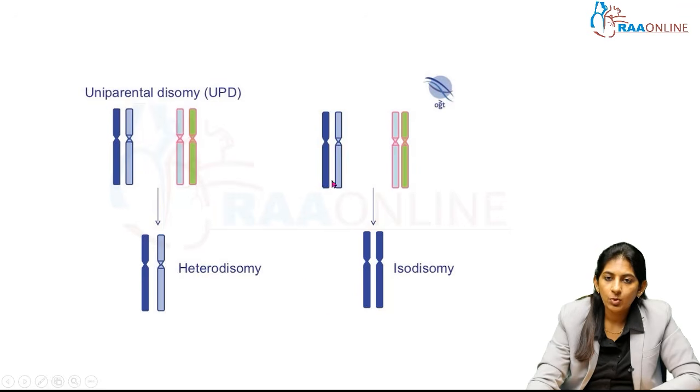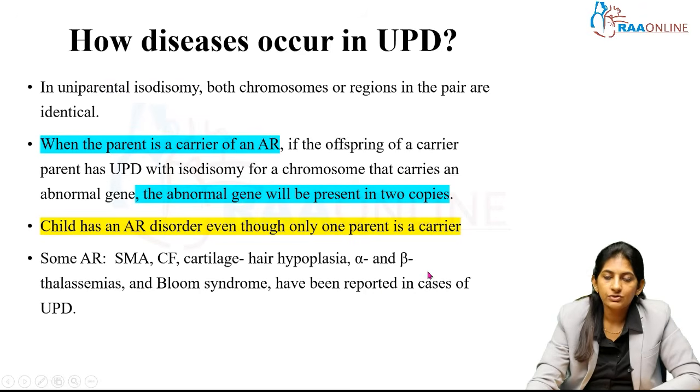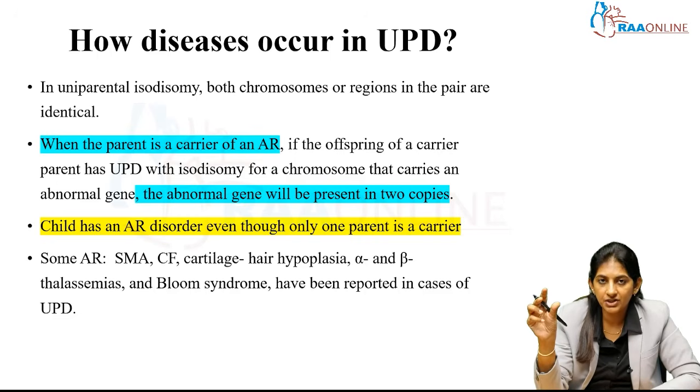Contrary to this, in isodisomy both chromosomes are derived from the one parent, but both are very similar, resembling only one chromosome of the pair. So this is called isodisomy. Diseases occur in uniparental disomy when that parent is a carrier of an autosomal recessive gene, and if that abnormal gene is inherited in two copies, the child will manifest that disorder.